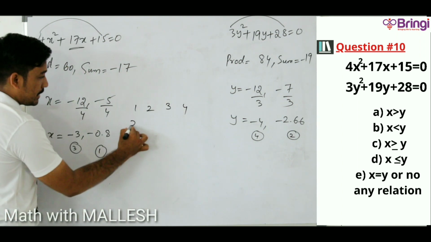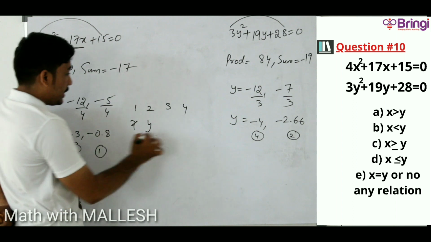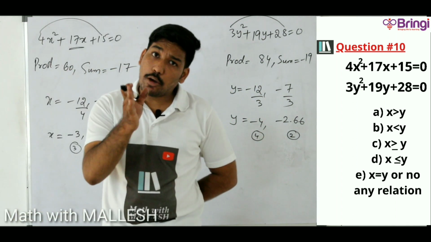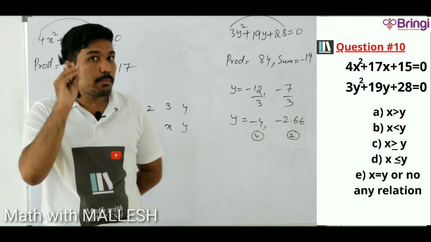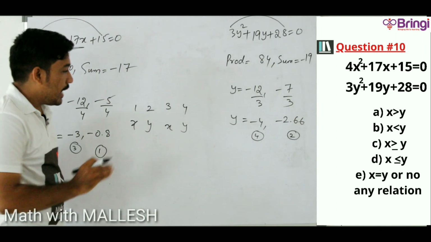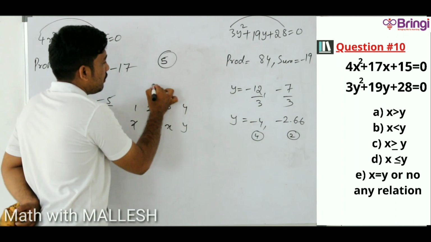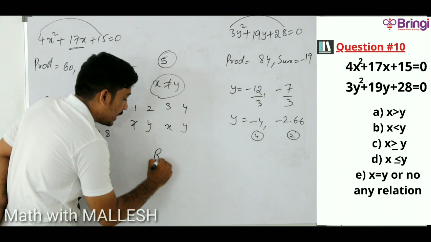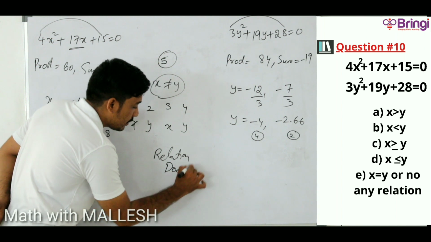First occupied by the x, second occupied by the y, third occupied by the x, and fourth occupied by the y. So we know 4 options, 1, 2, 3, 4. So these 4 we have to remember in your mind. Those are very important. And for all the remaining cases, option 5: x not equal to y, or else the relation does not exist.